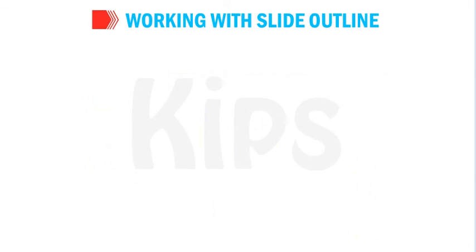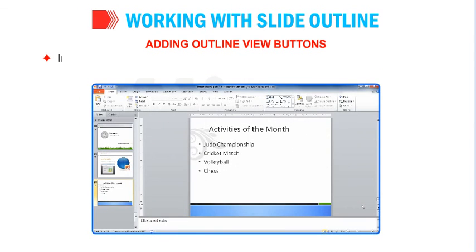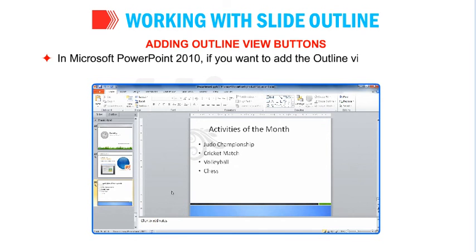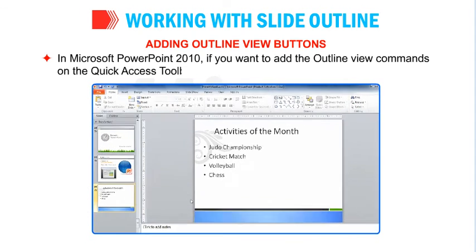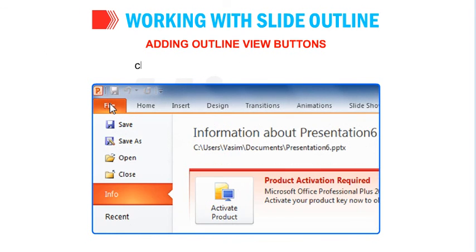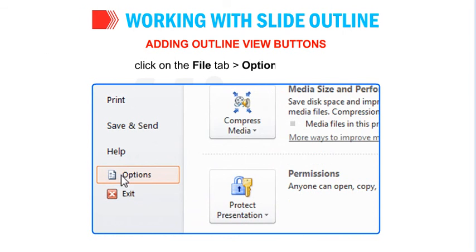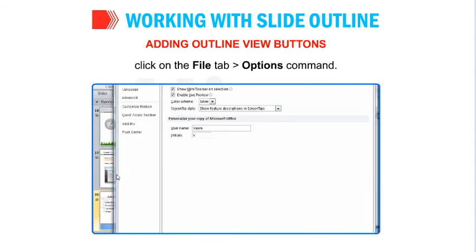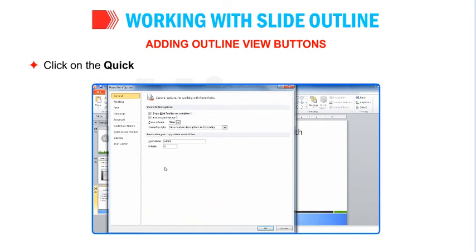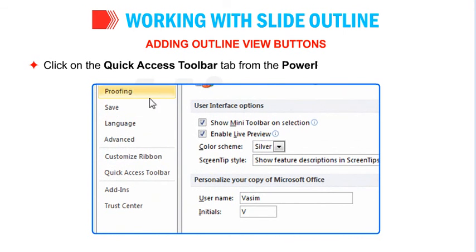Alright, now let us discuss adding Outline View buttons. In Microsoft PowerPoint 2010, if you want to add the Outline View commands on the Quick Access toolbar, click on the File tab, then go to the Options command. Click on the Quick Access Toolbar tab from the PowerPoint Options dialog box.